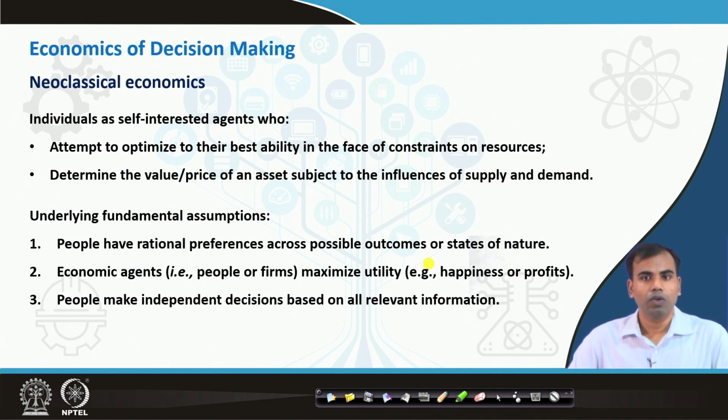Essentially, these economic agents want to gain maximum benefit or the happiness or the profits out of the decision that they are making. Suppose you want to buy a shirt and you have gone to a shop where there are several shirts displayed and you have a constraint in terms of the money that you can spend on buying a shirt.